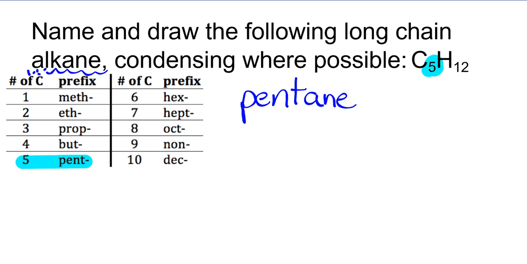Don't overthink things. Okay. Now if I wanted to draw it, I'm going to have a carbon attached to another carbon, attached to another one, 4, 5. So each of these in the middle can have 2 hydrogens coming off of them.